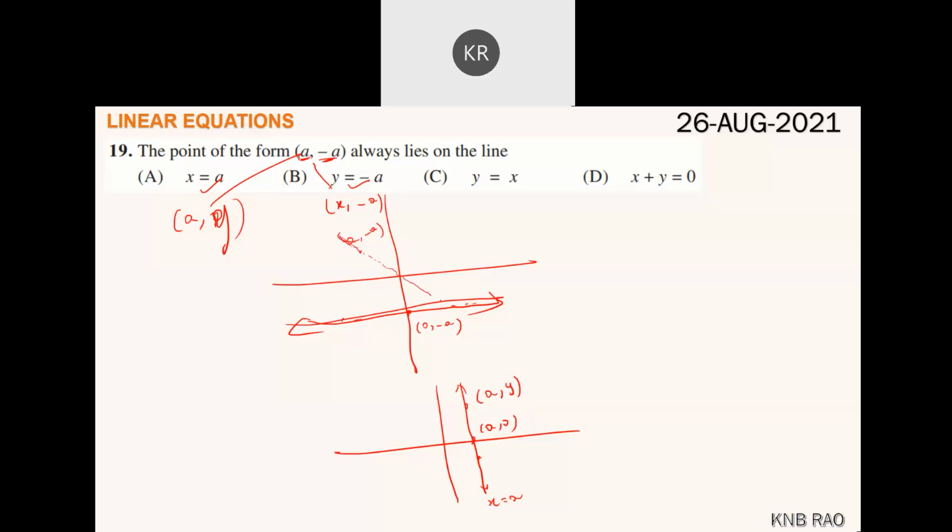The line x equals minus y passes through the second and fourth quadrants and through the origin, dividing the Cartesian plane into two parts. It is 45 degrees plus 90 degrees, total 135 degrees, with the positive direction of the x-axis, and it moves like this.